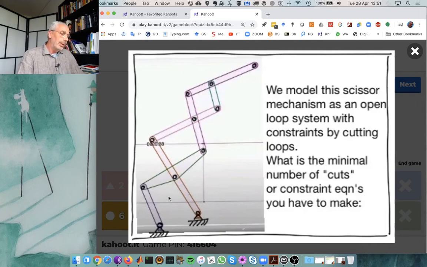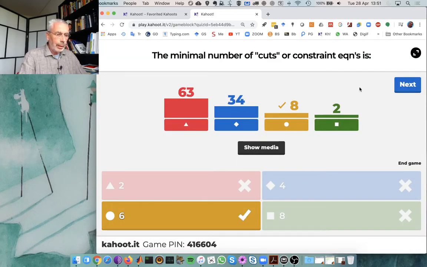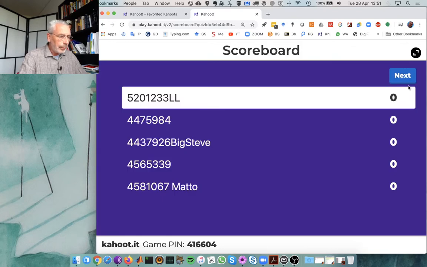When you look with your mechanical eyes at this, you can say, oh yeah, if I move this thing, then everything will move, and it's only 1 degree of freedom. If you want to be sure, just count the number of rigid bodies and the number of constraints, and you will come up to the same number. Okay, a lesson learned.